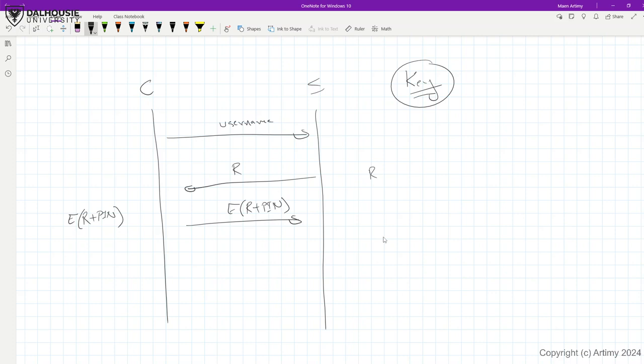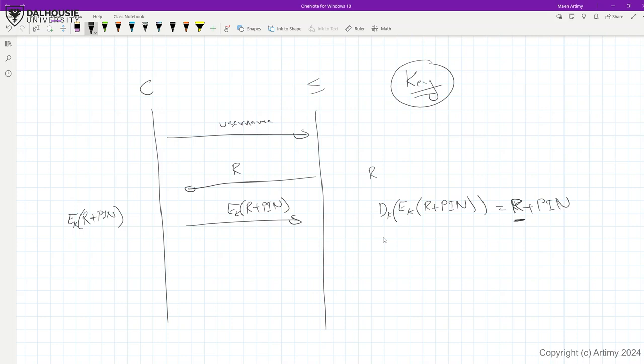The server will use the same key. So here is the key that we use for encryption. So use the same key to decrypt. So what happens is you get the same R and the PIN.